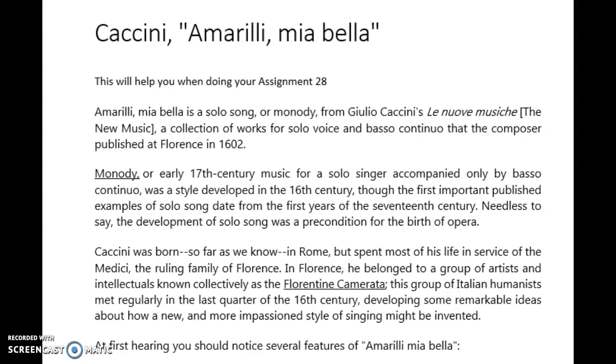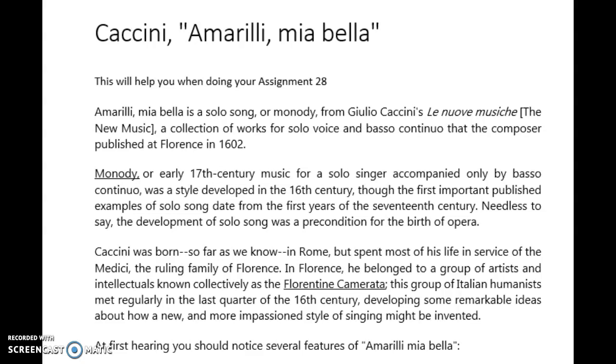Now this will help you when you do your assignment. Amarilli mia bella is a solo song, or monody, from Giulio Caccini's Le Nuove Musiche, the new music, a collection of works for solo voice and basso continuo that the composer published at Florence in 1602. Monody, or early 17th century music for a solo singer accompanied only by basso continuo, was a style developed in the 16th century, so that's 1500s.